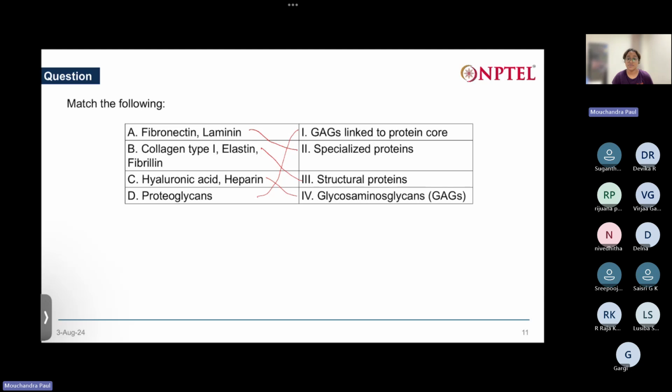So if you are using GAGs, or GAG-like material, at a higher concentration, the viscosity increases, like glycerol, which has a very high viscosity. Lubrication, yes, definitely, it's fluidic, so it can provide lubrication.